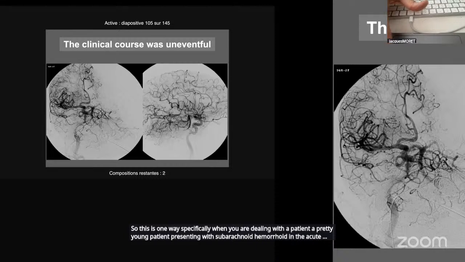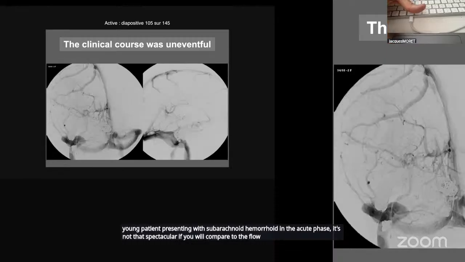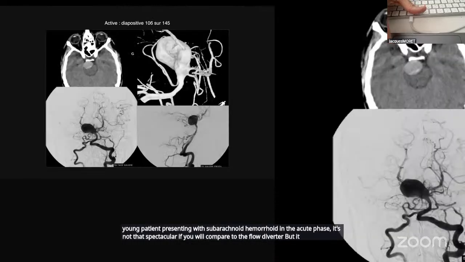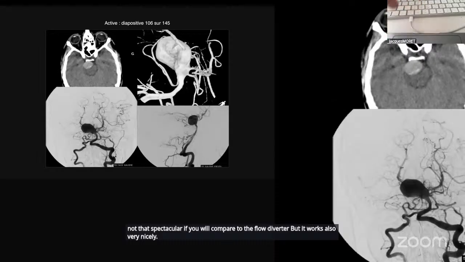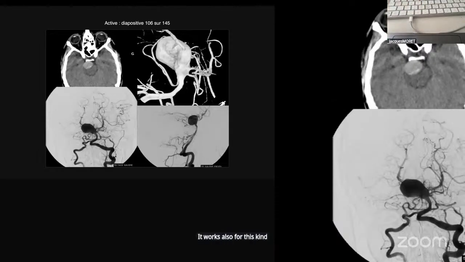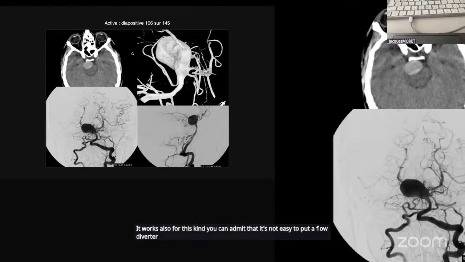It's not that spectacular if you compare to the flow diverter, but it works also very nicely. It works also for this kind. You can admit that it's not easy to put a flow diverter in this aneurysm where the dissection and there is no thrombosis, but there is a huge dissection of the whole basilar tip.